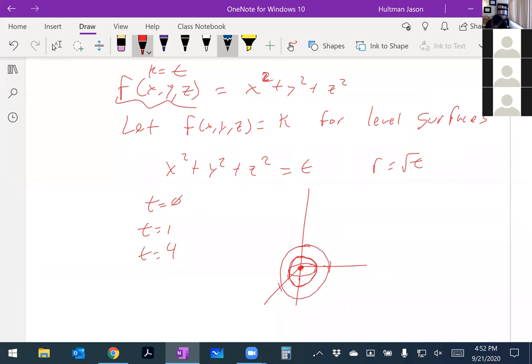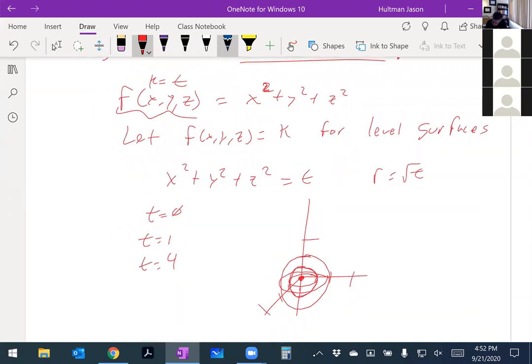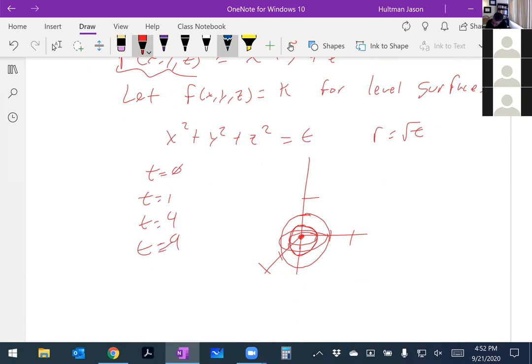So we're now at a sphere of radius 2. What happens when t is equal to 9? Well, now we're at a sphere of radius 3. Get the idea?